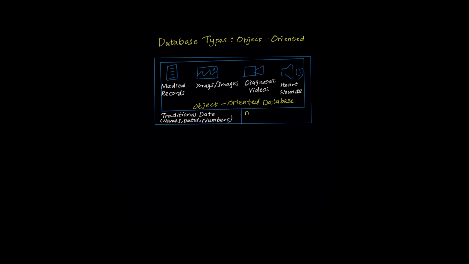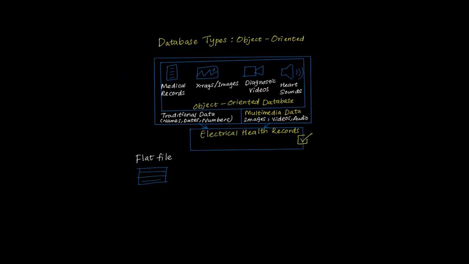Object-oriented databases excel at this because they can store objects that contain both data and the methods to manipulate that data, making them perfect for electronic health records in modern healthcare, where you need quick access to X-rays, ultrasound videos, and recorded heart sounds right alongside patient demographics and lab results. Flat file databases are simple single-table structures like spreadsheets that can only handle basic text and numbers.